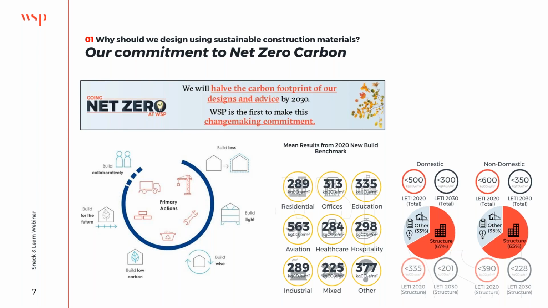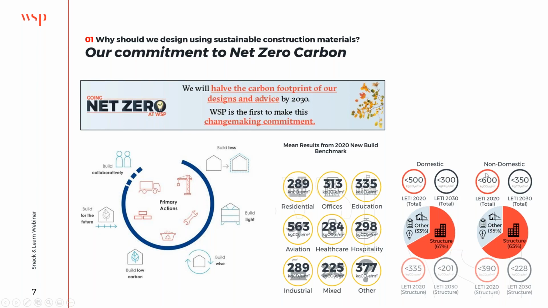And what we did in 2020 was undertake a review of nearly 100 of our projects over 12 different sectors and all of our UK offices to work out where we sat in terms of our cradle to construction levels of embodied carbon. On the right hand side here we've got the LETI 2020 requirements, and we've got the LETI 2030 requirements.